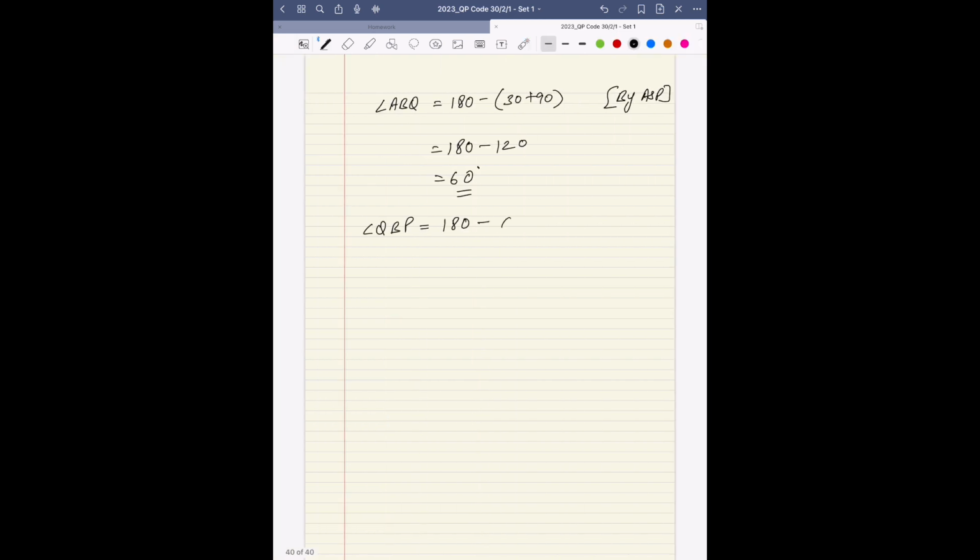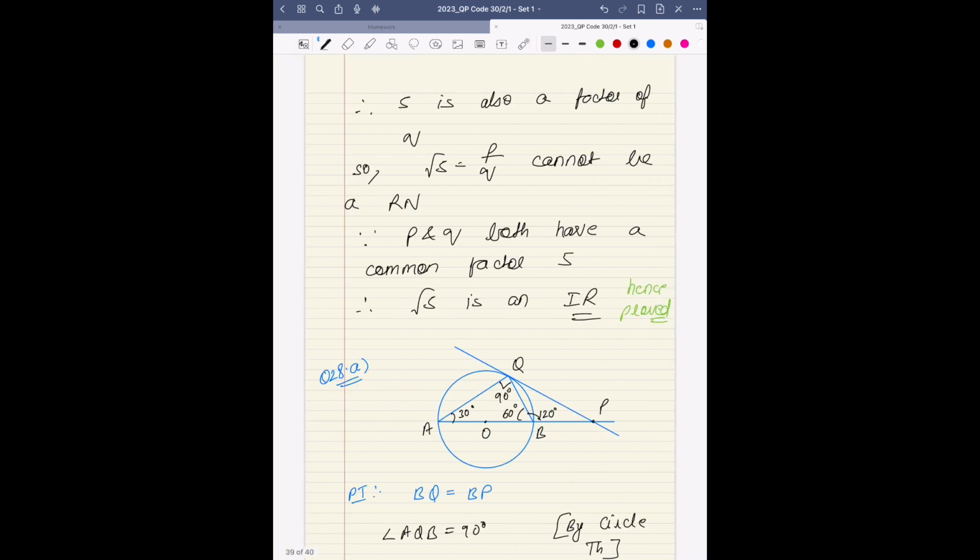So this becomes 180 minus 60 degrees. You can write straight line, or you can also write linear pair. Linear pair means they are adjacent angles plus they are supplementary, right? Equals 120 degrees.